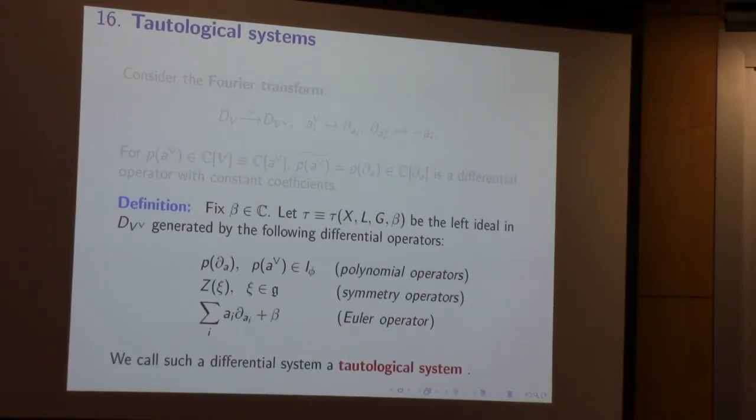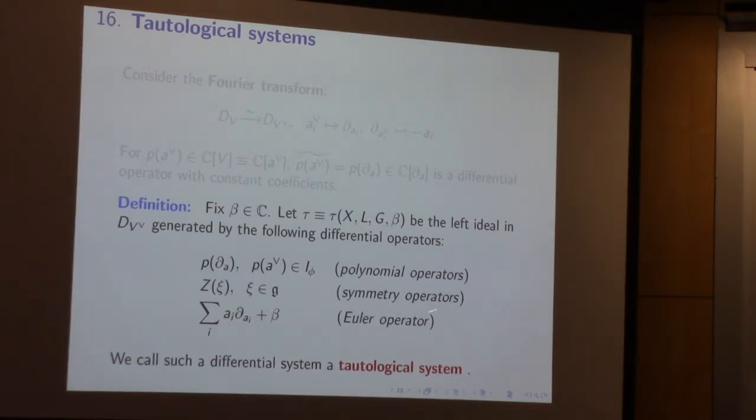All right, so here's my definition. Pick a complex number. So I start with the 3 initial data, and now I have a fourth piece. So given these four pieces of initial data, I want to define a left ideal of DV check generated by this class of operators. So the Euler operator is a familiar one, but this time I allow an arbitrary homogeneous degree given by this complex number beta.